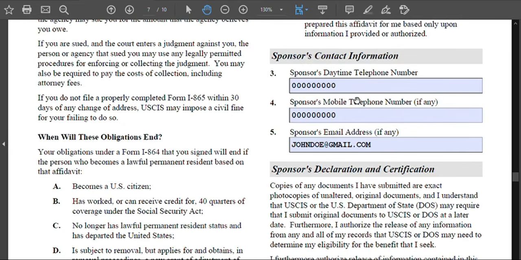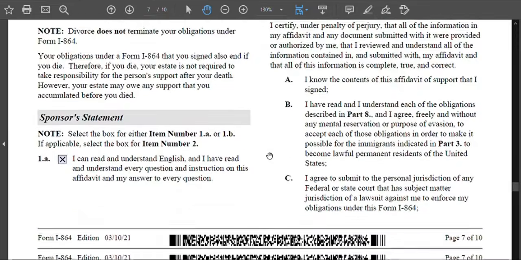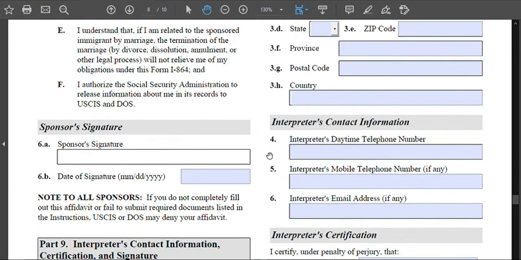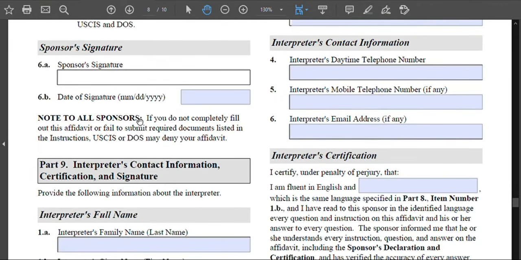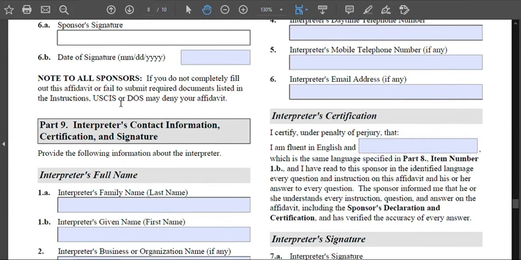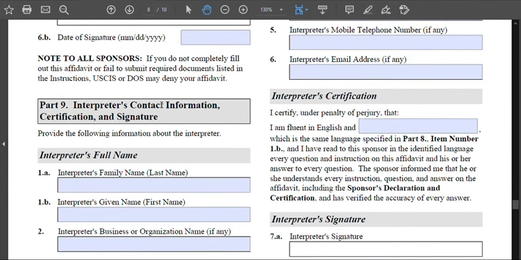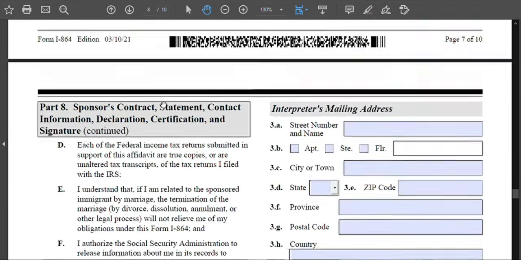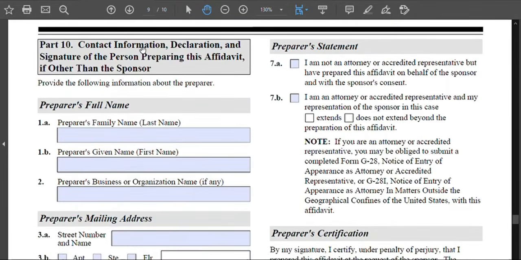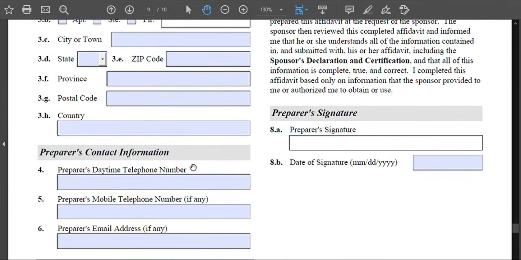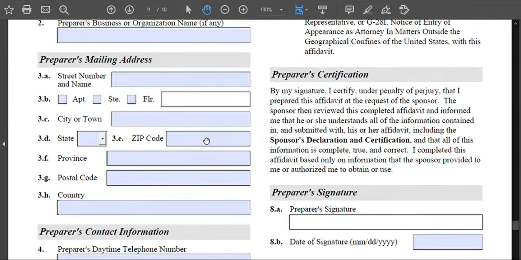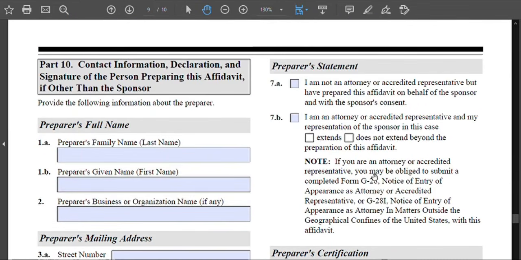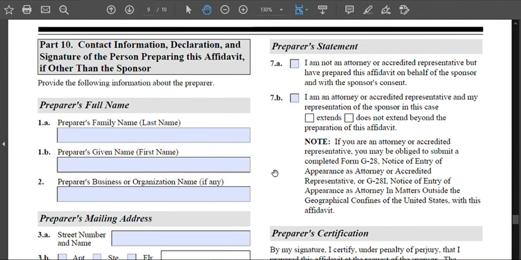Then indicate your contact information here, and don't forget to sign right here on the next page and date. The final couple of sections are asking about the interpreter if you used one, as well as a preparer if you've used one. Obviously, if you didn't, like we didn't in our case, we can just leave this completely blank.